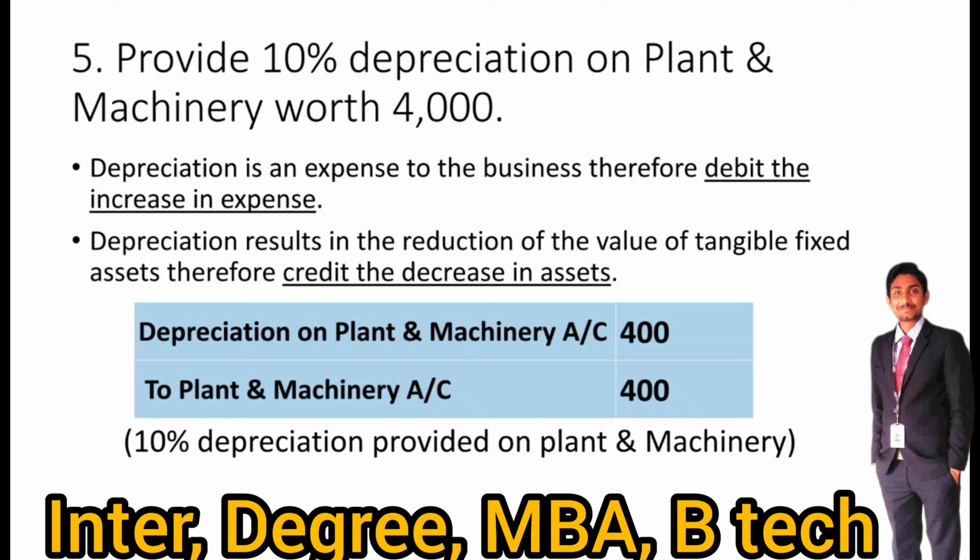The journal entry is: Depreciation on plant and machinery account debit to Plant and machinery account. Narration: 10% depreciation provided on plant and machinery.